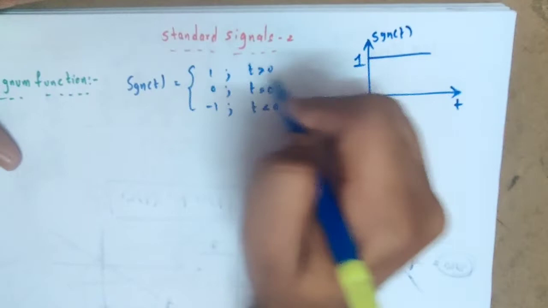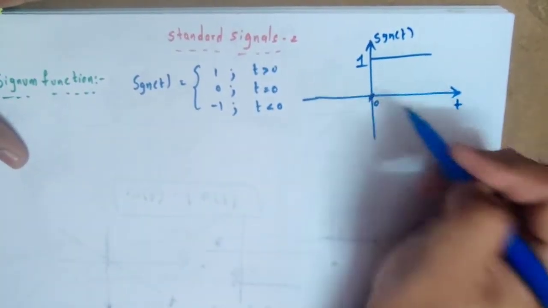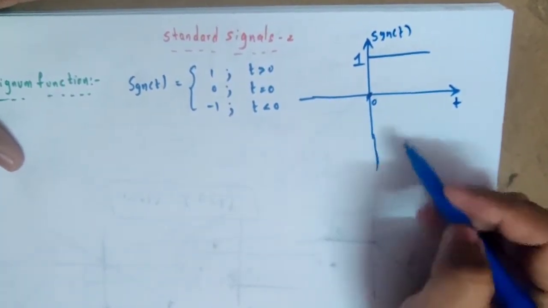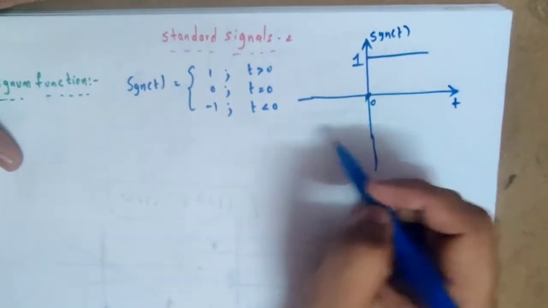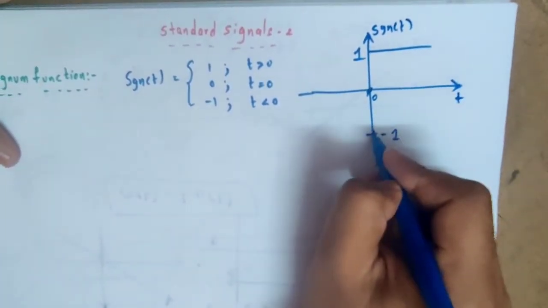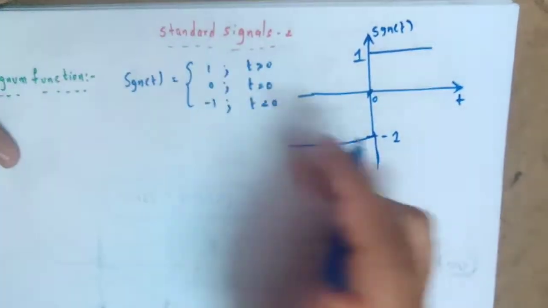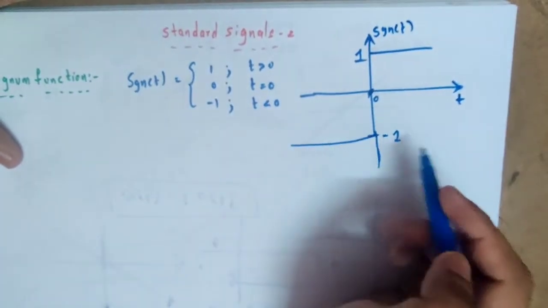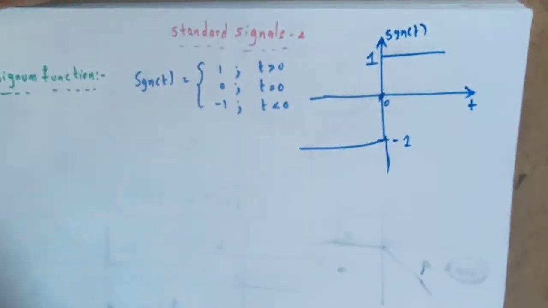The magnitude or the amplitude is 1, and it is 0 at the instant t equal to 0. Unlike the unit step function, it is clearly given that the amplitude is 0 at the instant 0, the origin. And it is -1 for t less than 0, that is, for the left side of the origin, Signum of t is given as -1. So this is the graphical representation of the Signum function.